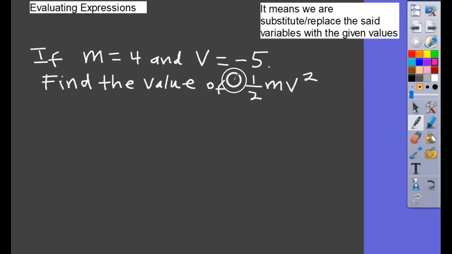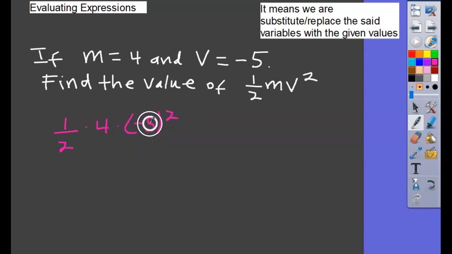And that is the answer that we're looking for. Okay, so we have been given half times m v squared. If m is 4 and v is -5, we want to find the value of the expression. So here we write half. The m has been given as 4, so it's multiplying 4 and it's also multiplying -5, and it's all squared. So let me cover it with a parenthesis, then squared.